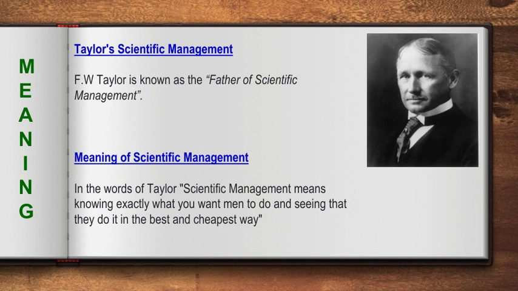Taylor discovered that organizations and managers failed to effectively use available human resources and that no contribution was made towards improving labor efficiency. During his observation, Taylor identified the various factors leading to low productivity and inefficiency in the organization.